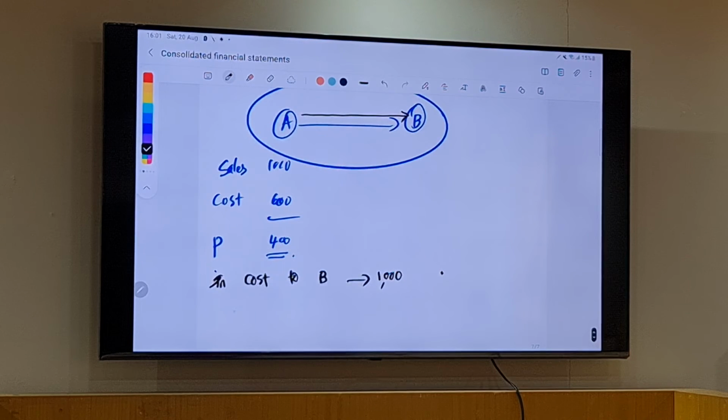Now they say that in the warehouse of B, 25% of the stocks are remaining.